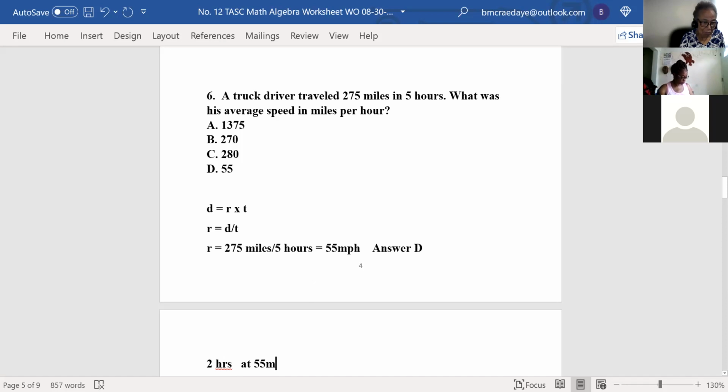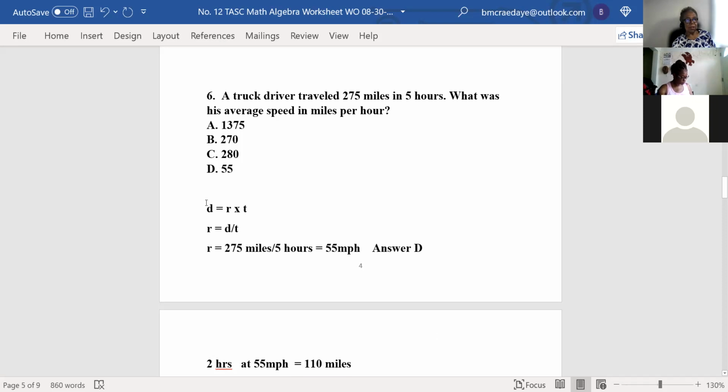It's the same speed we have here. I said 2 hours would be equal to 110 miles, because distance is rate times the time, right? Rate 55 miles per hour times the time 2, and that would give you the 110 miles. All right.